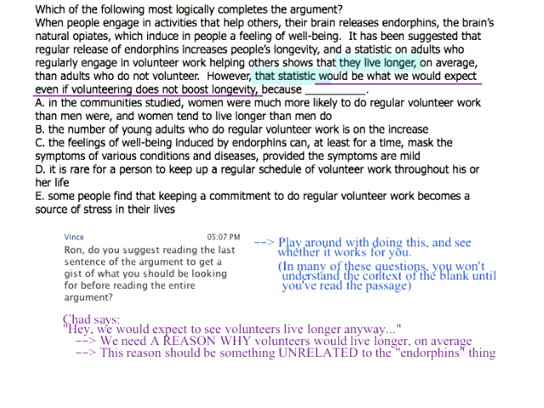So, okay, A says, in the communities studied, women were much more likely to do volunteer work, and women live longer. Hey, that's exactly what we want, because this is a totally different explanation, right? According to this explanation, they live longer because they are female, not because they are volunteers, not because of anything to do with volunteerism at all. Totally different reason why they live longer.